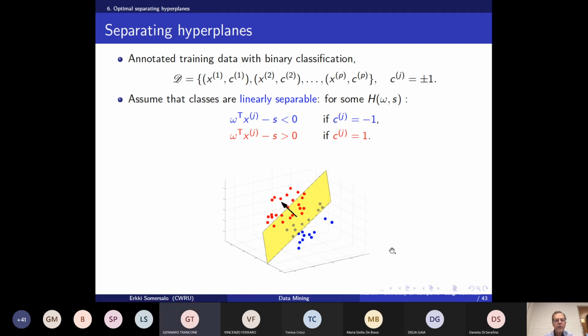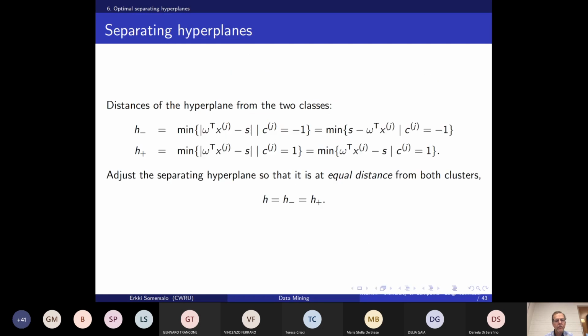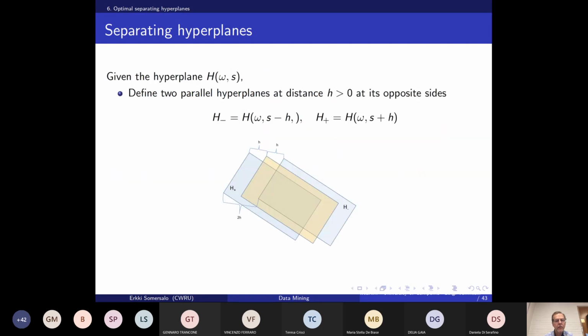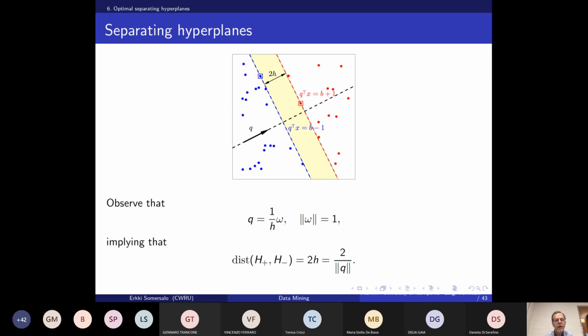No problem. Okay, so this is the starting point, and it looks like a very straightforward and simple problem. The idea is that you try to find two hyperplanes, H plus and H minus, so that the gap between the two classes is maximized.